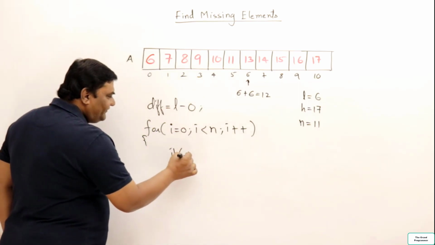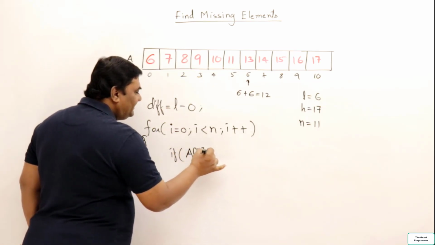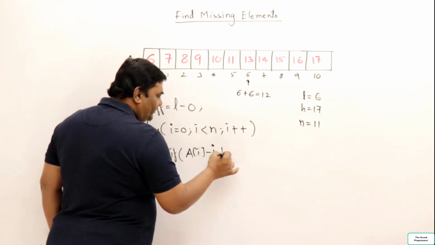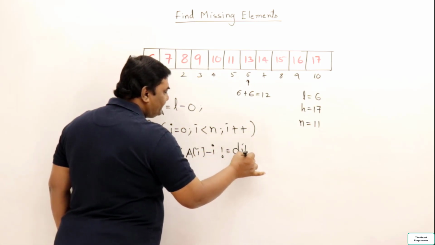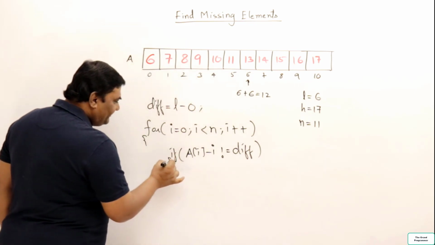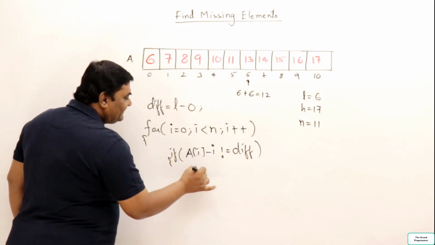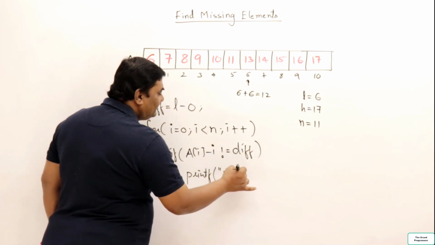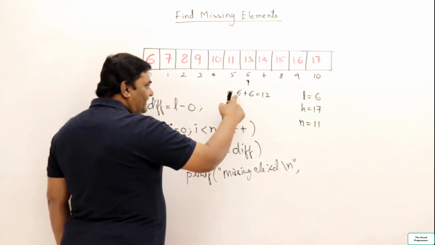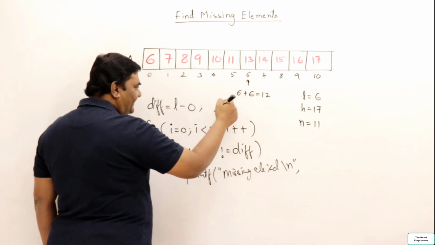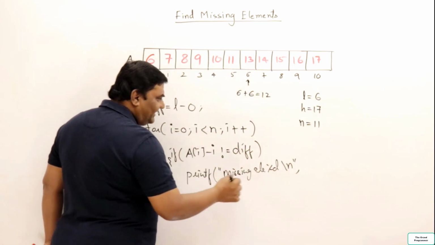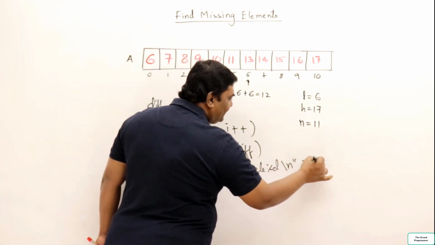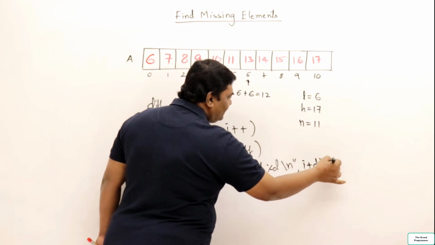So if a[i] minus i is not equal to difference, if the difference is not matching, then the missing element is found. So I should print the missing element, which is index plus difference. Index is i here, so it should be i plus difference.